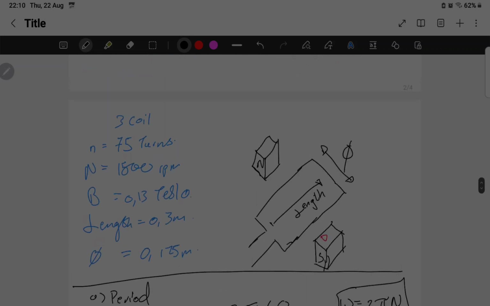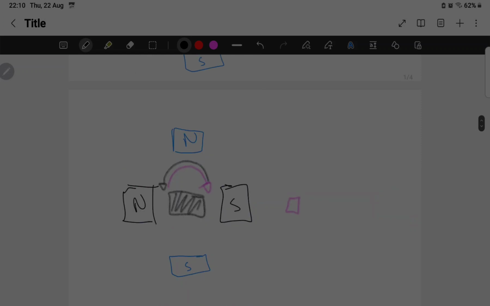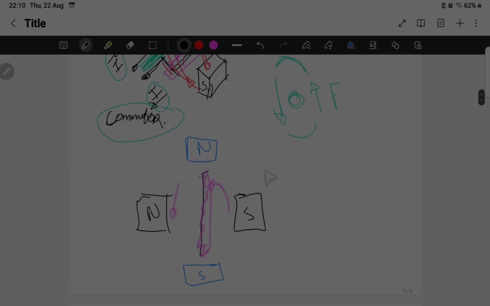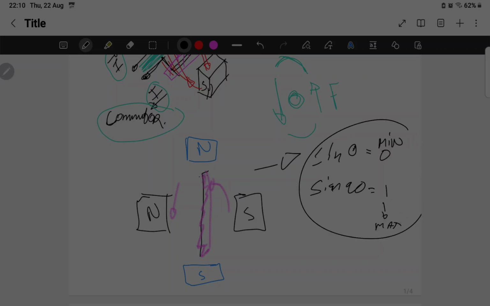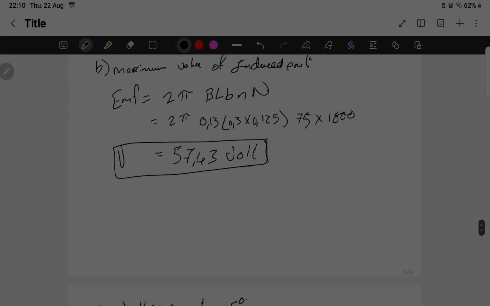And remember when I was explaining this concept here, right? If you do sine 0 and you do sine 90, you will see that for sine 0 you will get an answer of 0. So this will be your minimum, right? And this will be 1, which is your maximum. That is where you get this from.